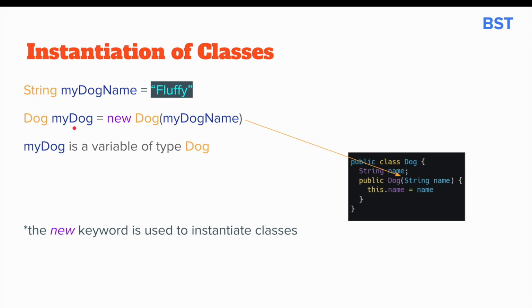I say my dog dot name, and I can understand the name of the dog. This refers to the constructor, which is not what I'm going to go over here, but this form is used by many classes in Java with a new keyword.